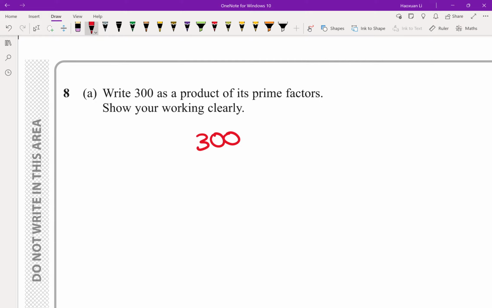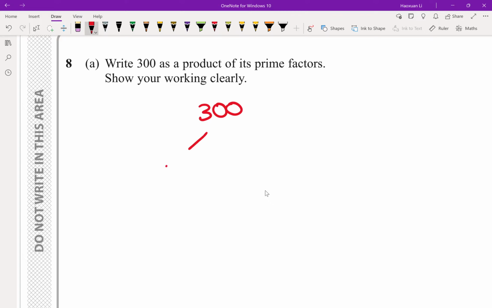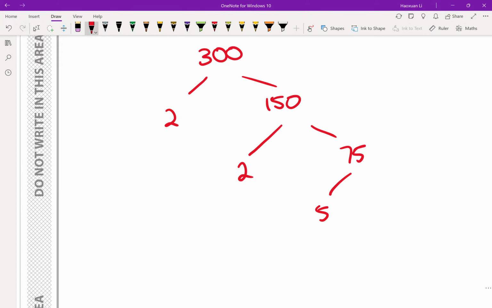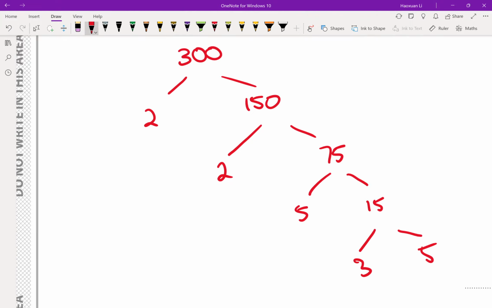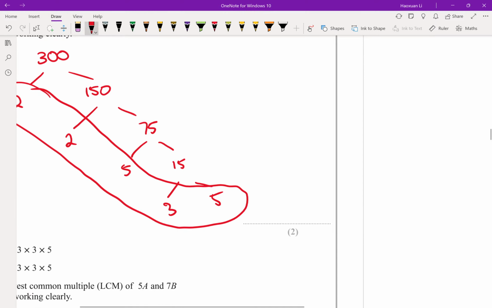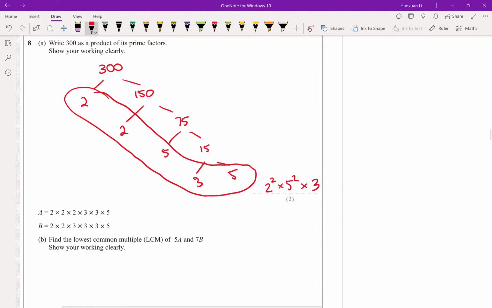Think about the lowest prime factor that you can think of, which is 2, and here will be 150. 150 you can divide by 2 again to get 75. 75 divided by 5 should get you 15, and 15 can be made by 3 and 5. So the prime factorization would be all the numbers here, and that should be 2 squared times 5 squared times 3.